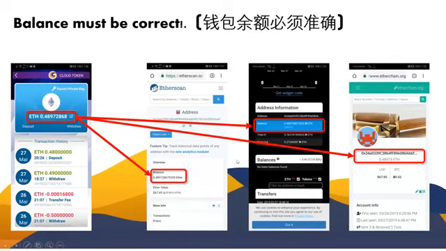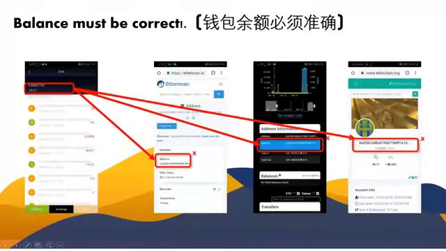So we know that this address's balance is on chain itself. But for some other centralized wallets, the balance is not the same, because what they show you is not on the chain, but from the database.